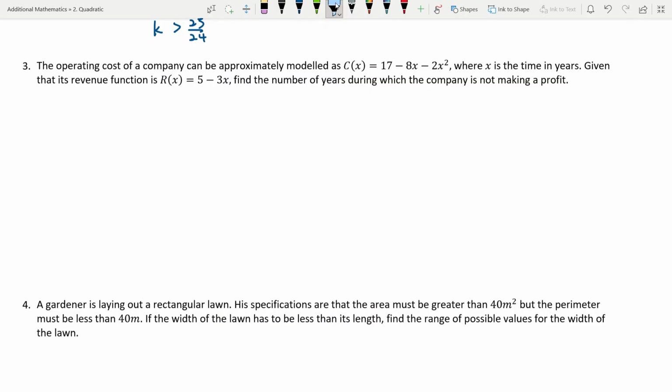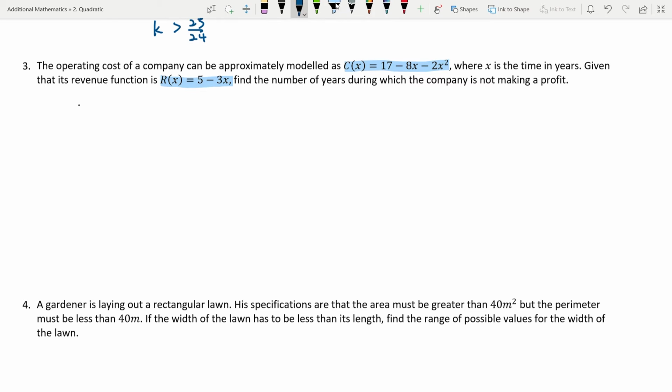Question 3. The operating cost of a company can be approximately modeled as C(x) = 17 - 8x - 2x², where x is the time in years. Given that its revenue function is R(x) = 5 - 3x, find the number of years during which the company is not making a profit.